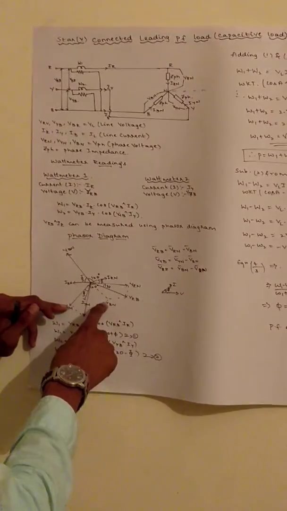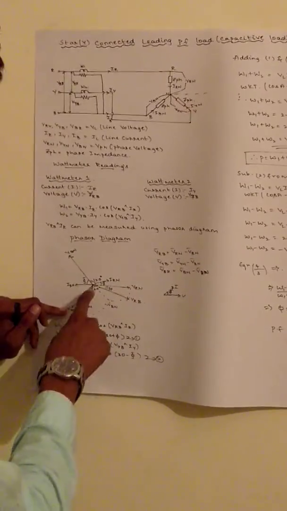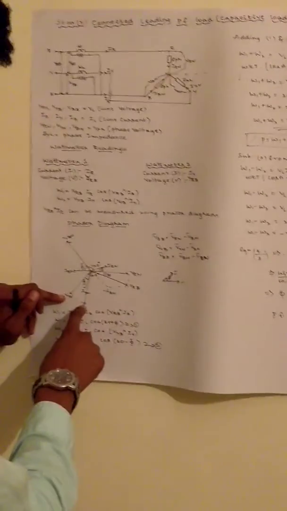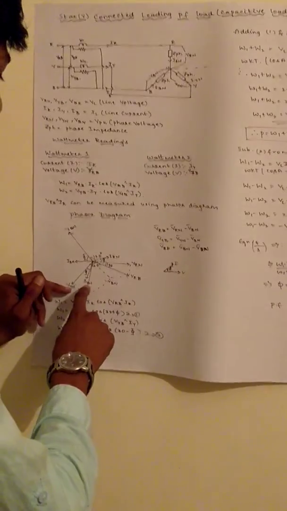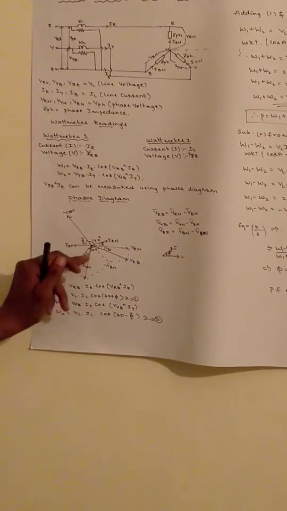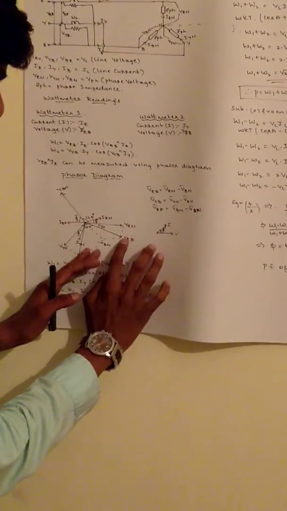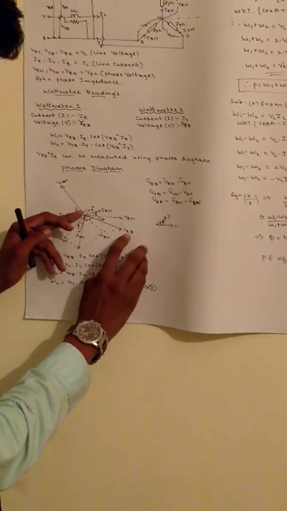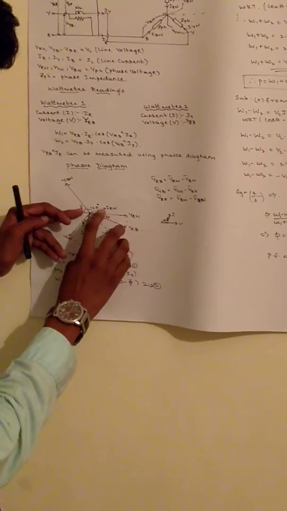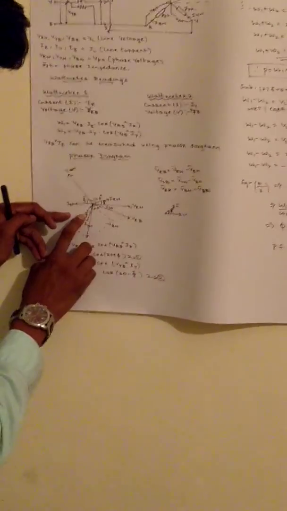Similarly, minus VBN and VYN give the resultant VYB at an angle of 30 degrees. Then the angle between the line voltage VRB and the line current is 30 plus phi, whereas for the second it is 30 minus phi.